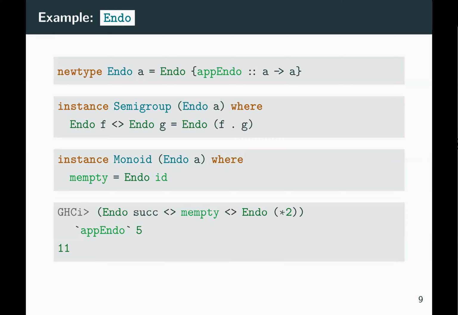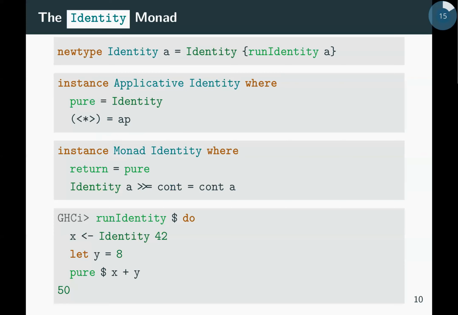So we have seen examples already. In mathematics lots of things are monoids, but also in computer science, like lists, for example, which you saw now. So lots of data structures are monoids. It's a very common and very useful type class.